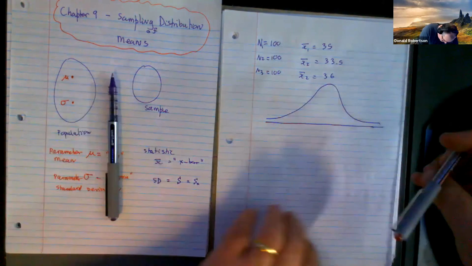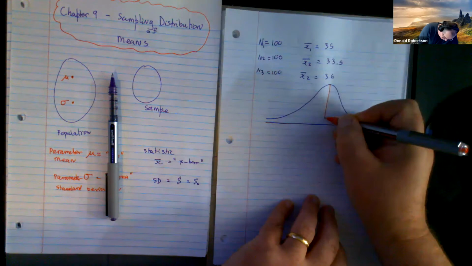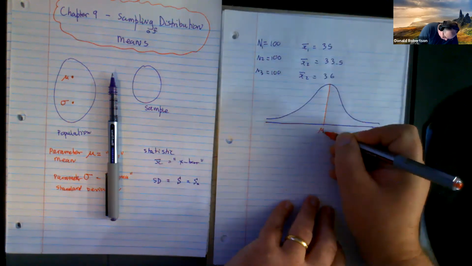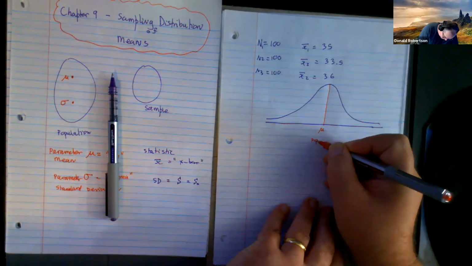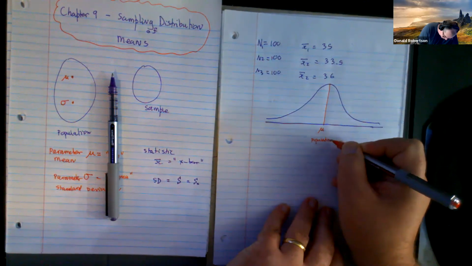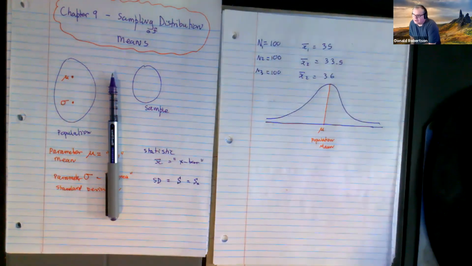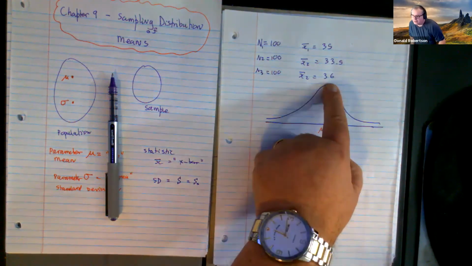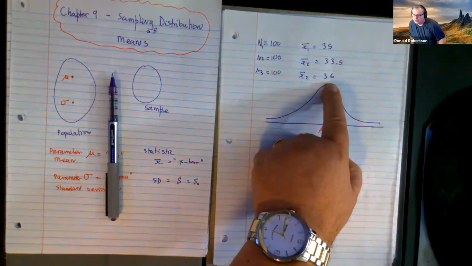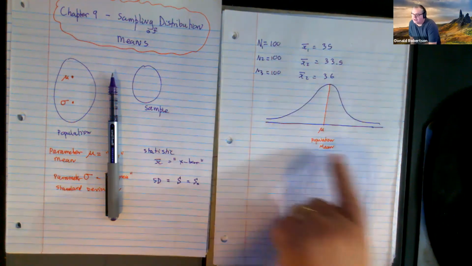But right there, wouldn't that be mu, the population mean? If you did it often enough, wouldn't the most common answer in your sample match the population mean? At least that's what the theory says.